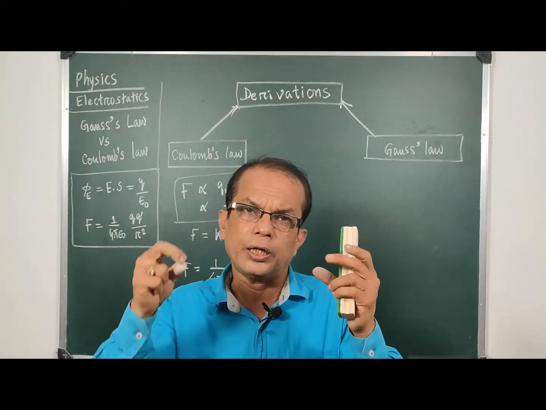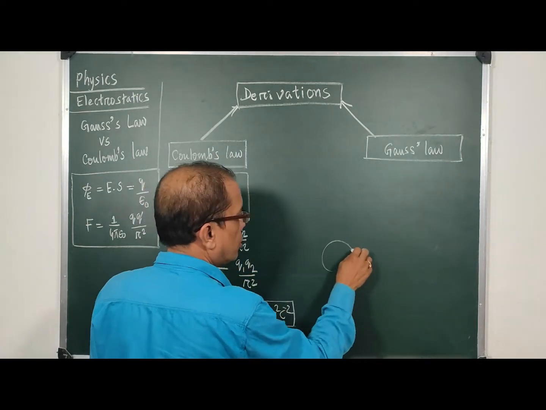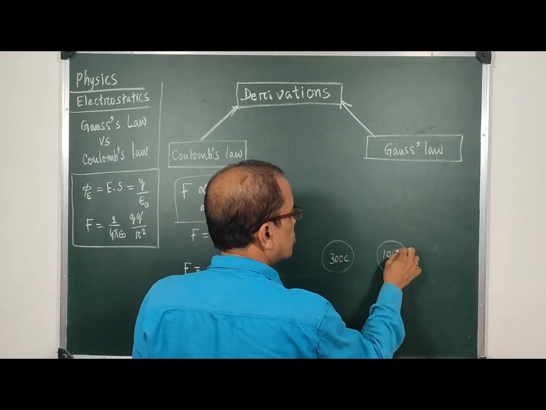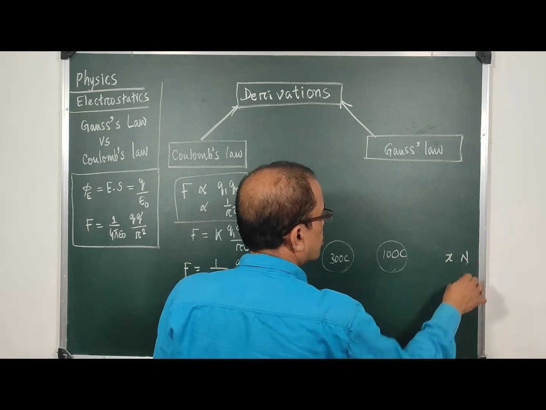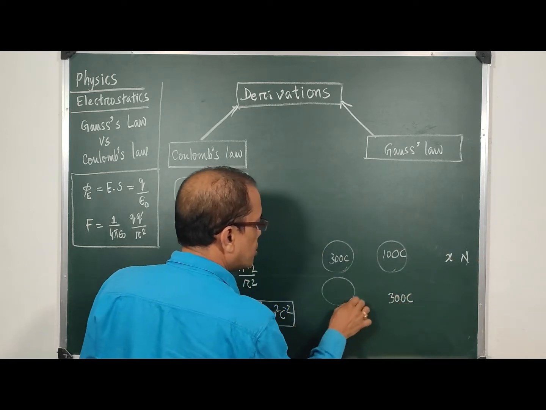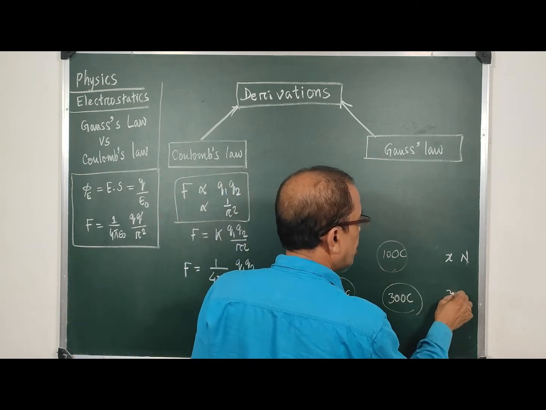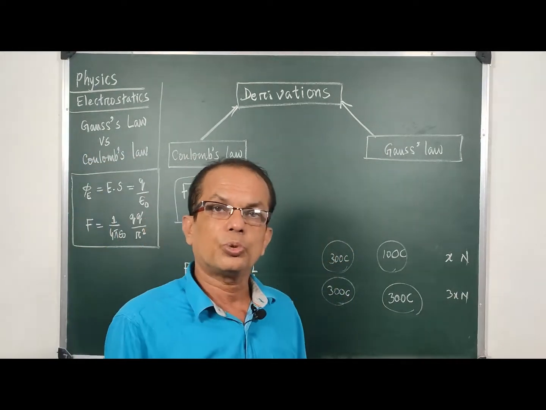What if I increase the 100 coulombs to 300 coulombs, while the first one remains the same? So this will become 3x newtons because the force is proportional to the product of the two charges.